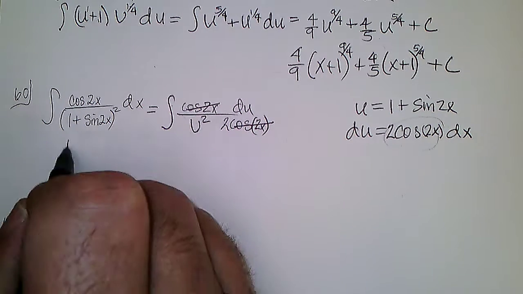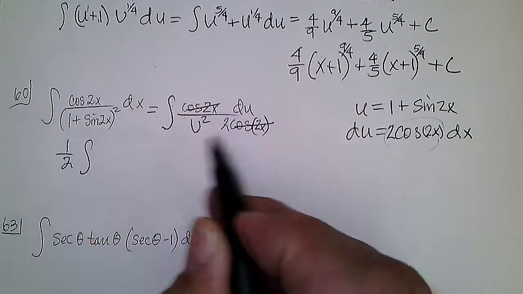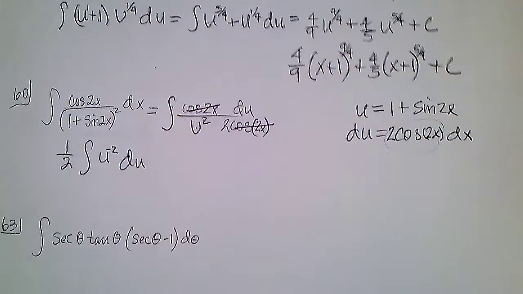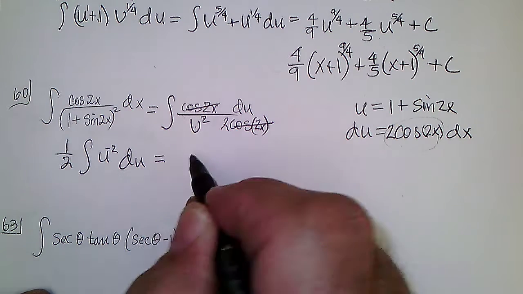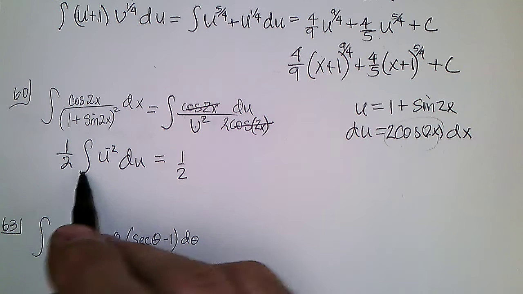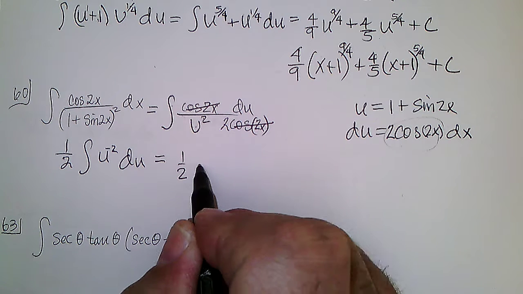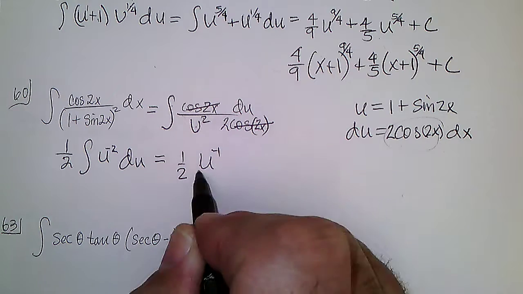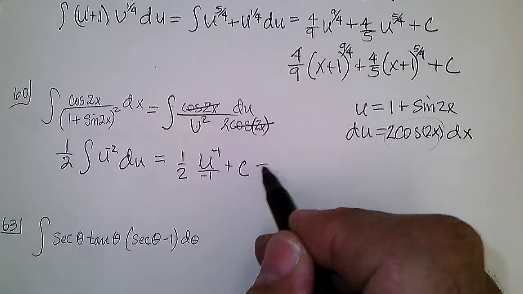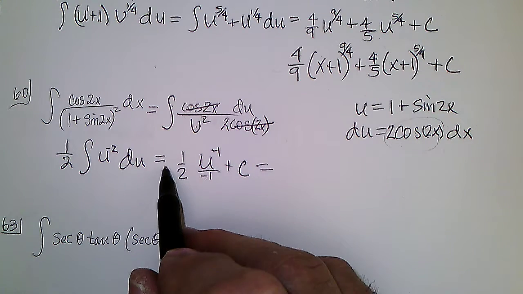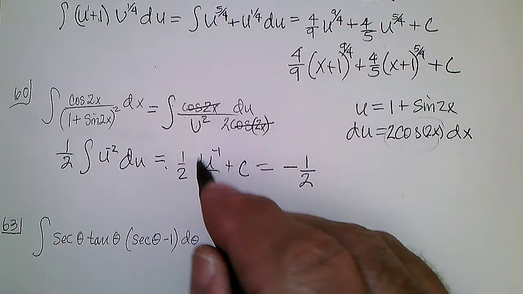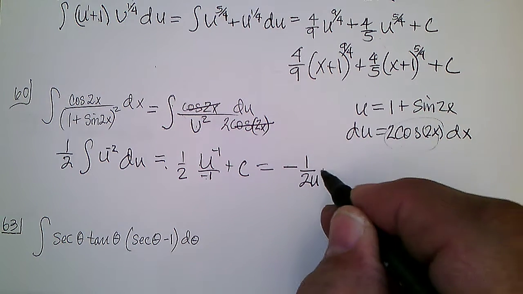The 2 will come out, so I have 1/2 integral u squared, and the bottom is u to the minus 2 du. So 1/2, 1 more than minus 2 is minus 1, so I have to divide by minus 1. So it would be u to the minus 1 over minus 1 plus c, which is minus 1 over 2, and the u to the minus 1 is u in the denominator, plus c.